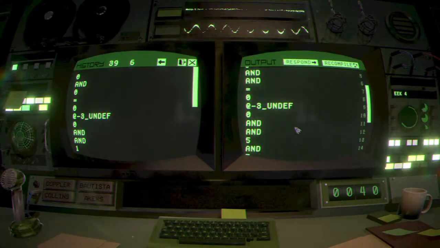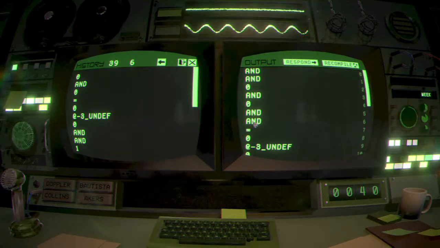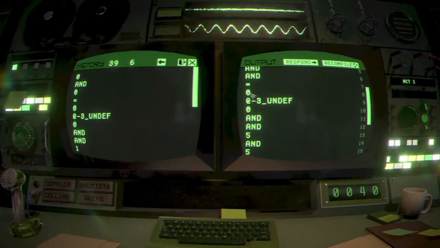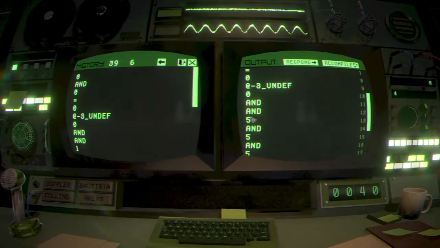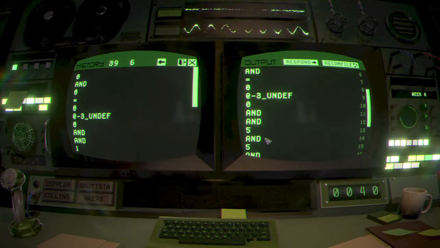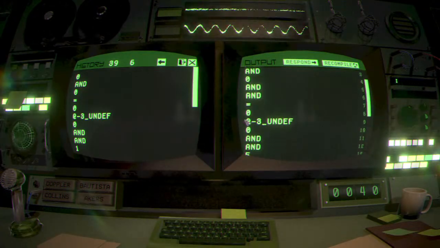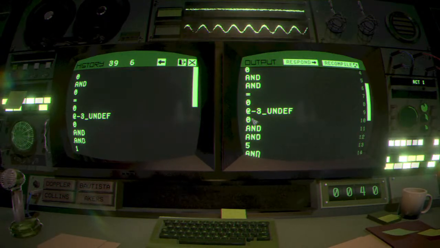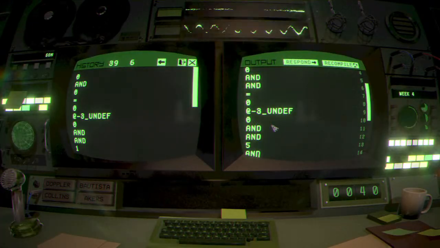Okay, anyway. 0 and 0 and 0 and equals 0, undefined, 0 and... So the problem I guess I'm having is this thing right here where it's the 0, the undefined thing, and then 0, and equivalence on top, and then the double and on the bottom means I cannot make sense of this.